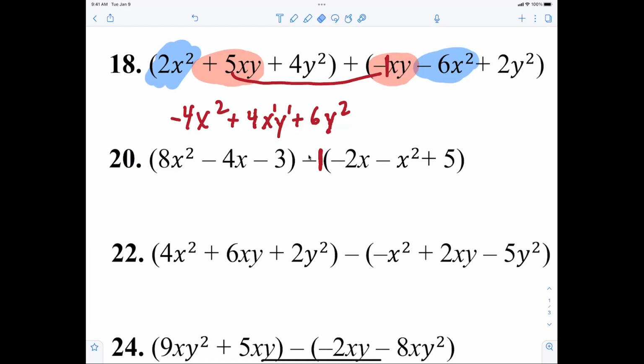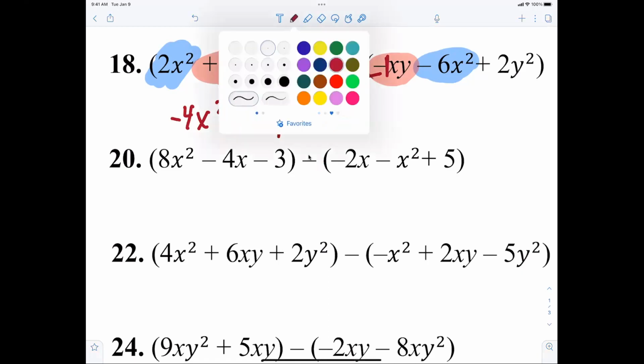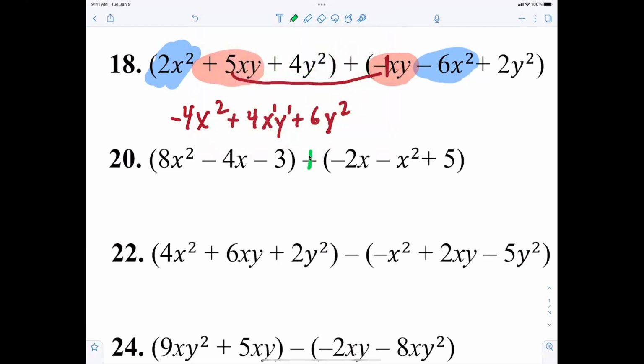Now, we're smart enough, we don't have to put the -1 there, but what I would like you to notice is, look what I'm doing, guys. I'm going to change this to a plus and circle it. Change this to a plus. Change this to a plus. And change this to a what? Subtraction. I distributed the negative. When you distribute the negative, you change signs.